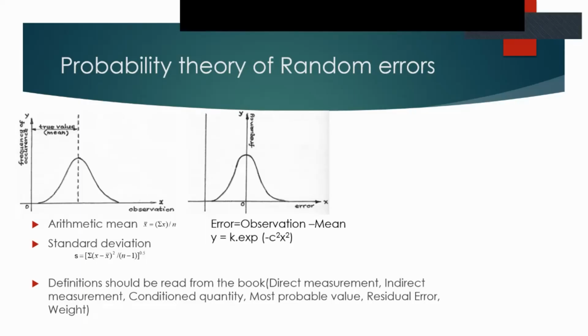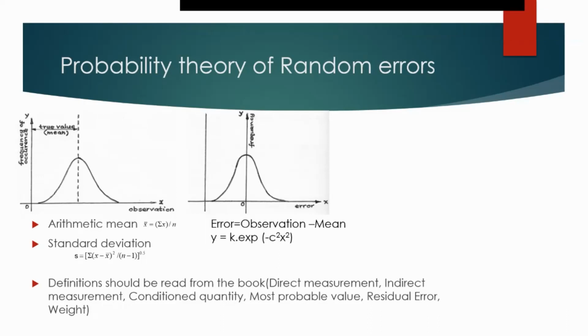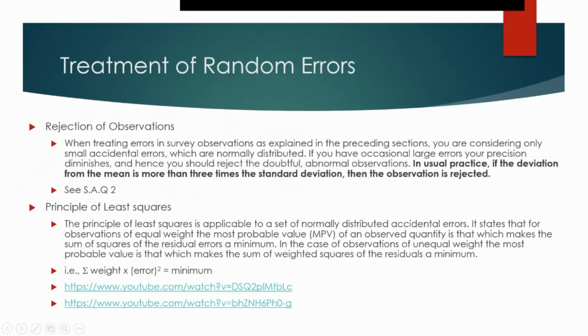Now you need to know all these statistical explanations, like what is arithmetic mean, standard deviation, then the error I have just explained to you. Now the most important thing that you need to know is that if the deviation from the mean is more than 3 times the standard deviation, then the observation is rejected.